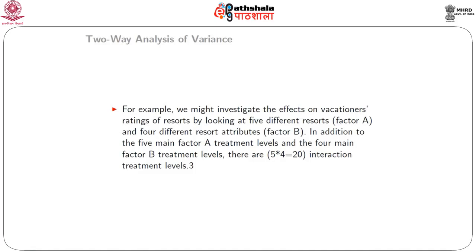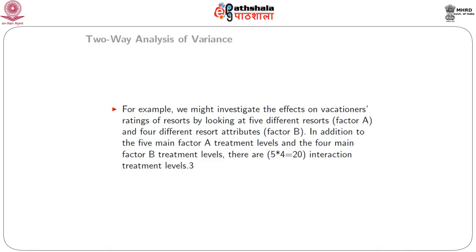For example, we might investigate the effects on vacationers' ratings of resorts by looking at 5 different resorts. Thus, we have factor A, the different resorts, and 4 different resort attributes, factor B. In addition to the 5 main factor A treatment levels and the 4 main factor B treatment levels, there are 20 interaction levels.